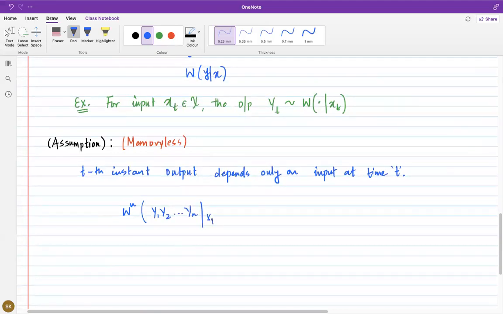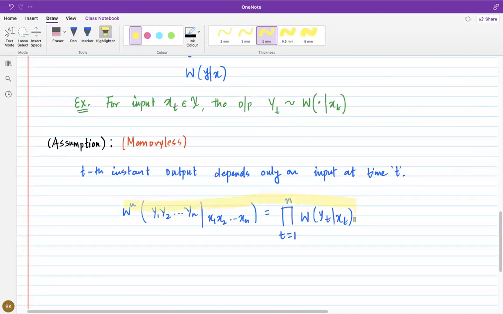Conditioning on the fact that you transmit x1 to xn, this joint distribution is equal to the product of the individual distributions, where t runs from 1 to n. This is what is implied by the memorylessness of the channel, and this is something we'll assume throughout.